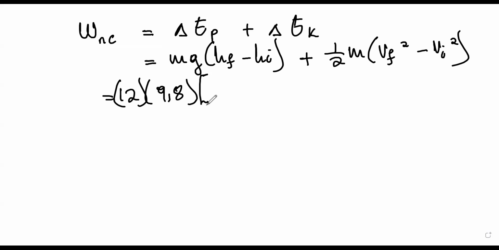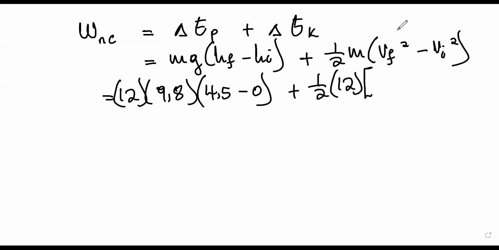The final height is 4.5, and the initial height is 0. The mass is still 12 kilograms. The final velocity is given as 2.25, and the initial velocity is 0, because they told us that initially it was at rest.